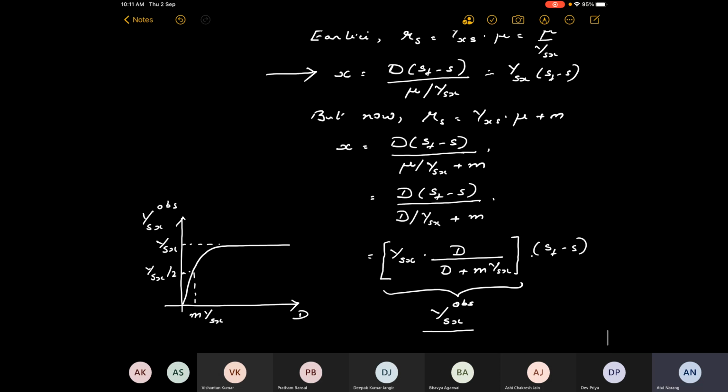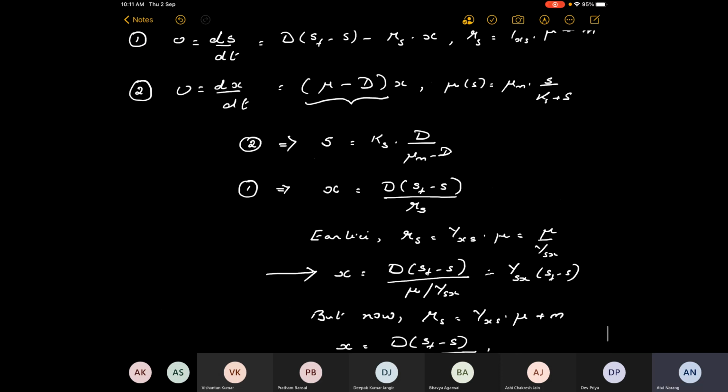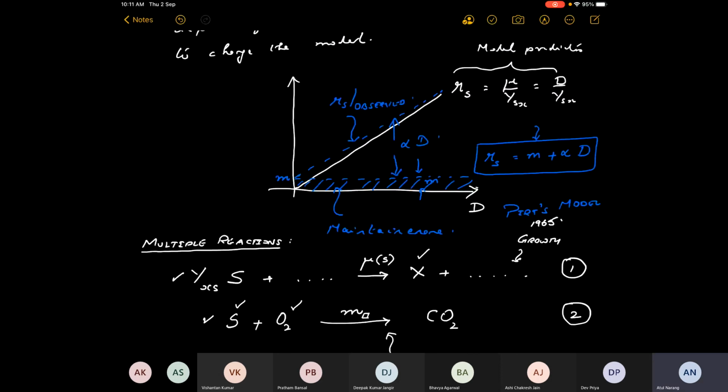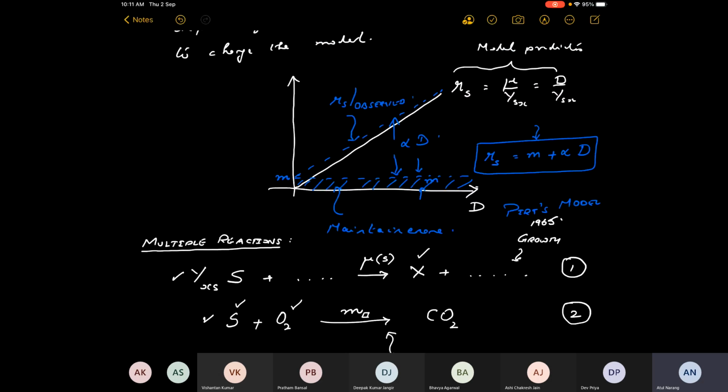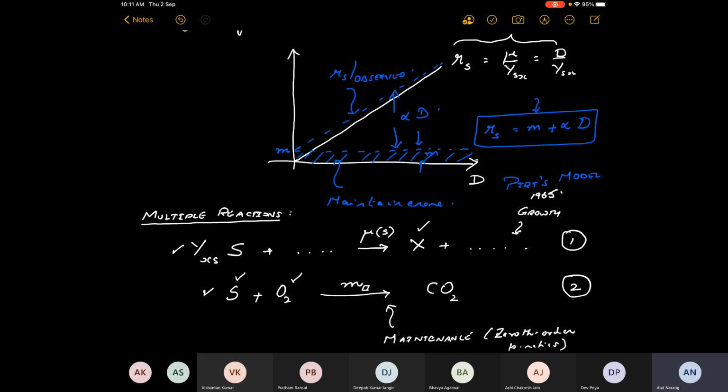So what really happens, back to this model here, is that d is equal to mu, right? So as you decrease d, mu decreases. If you take a look at these two reactions, 1 and 2, reaction 1's magnitude depends upon the prevailing d.